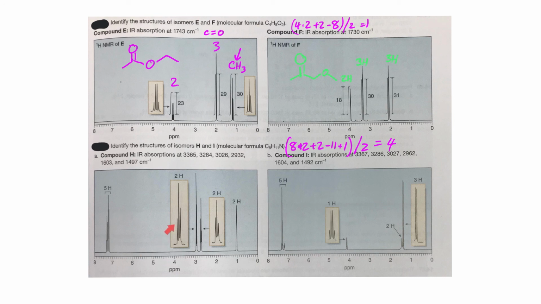So this is a group of CH2s that are adjacent to each other, and this is 2 hydrogens that are somewhere else that are not being split by anything. So in this case, I think we have the aromatic ring, and since the aromatic protons integrate to 5, we can make the conclusion that the aromatic ring has 1 substituent on it.